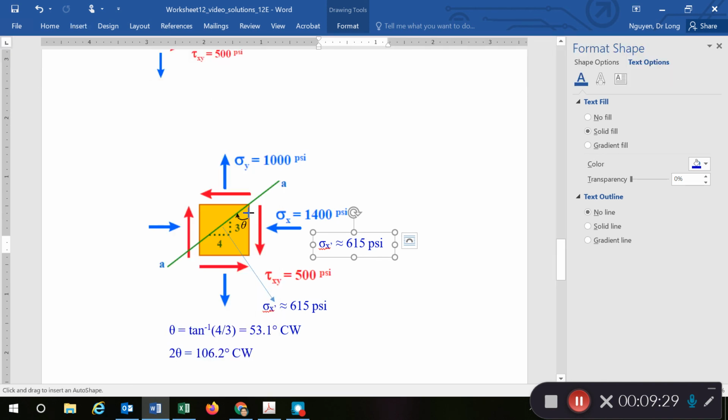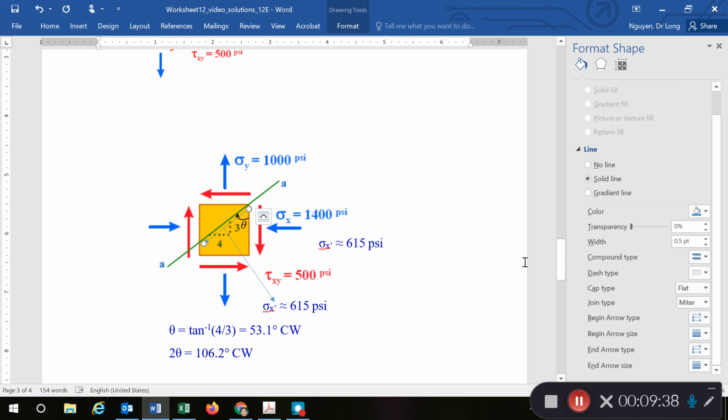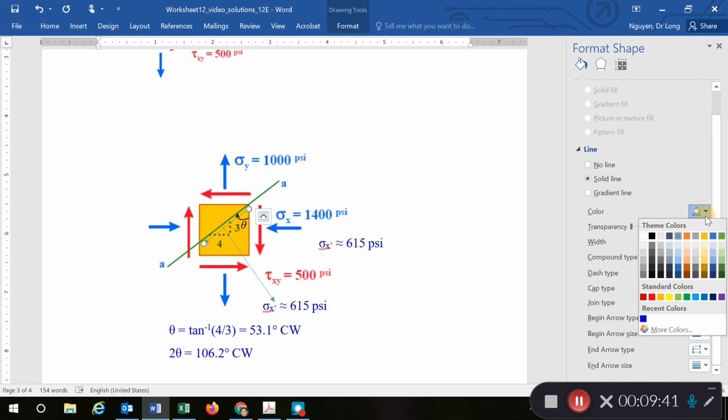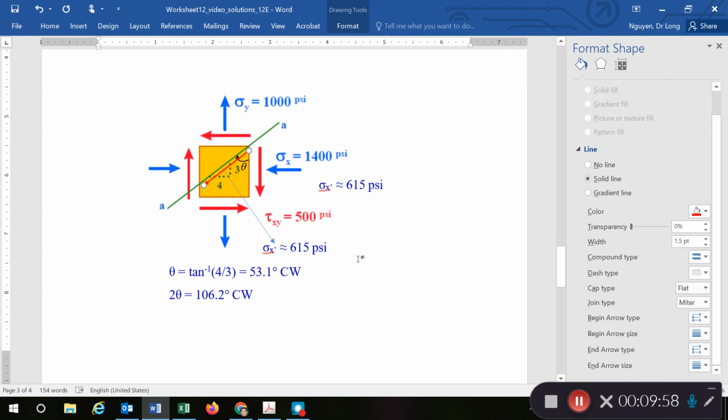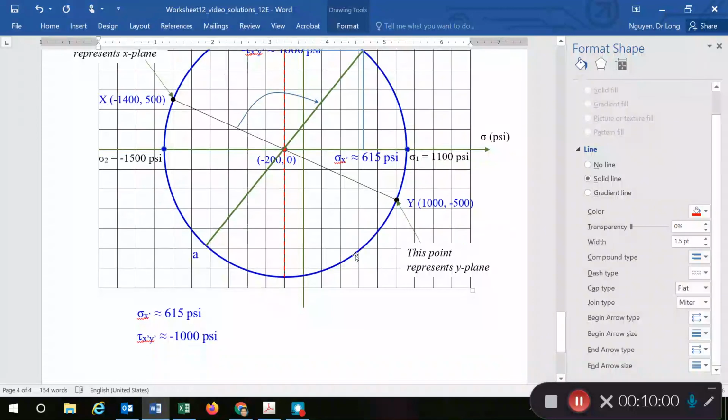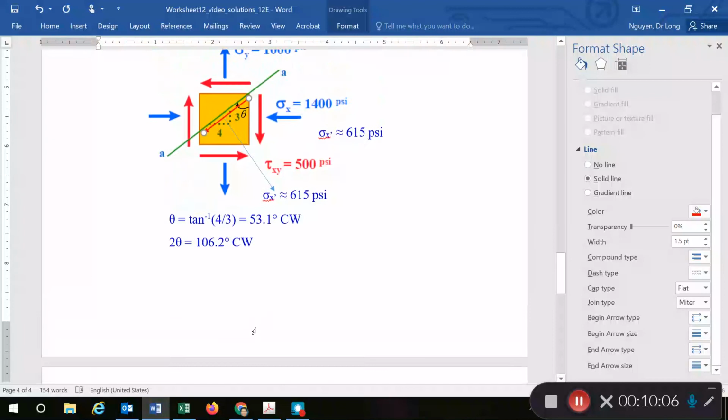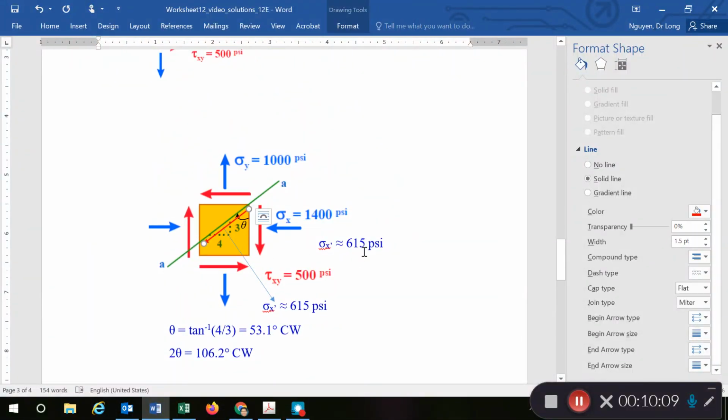As it goes in that clockwise rotation, it is opposite to the positive y apostrophe axis, so it is negative in analytical, and the answer is negative 1000 psi.